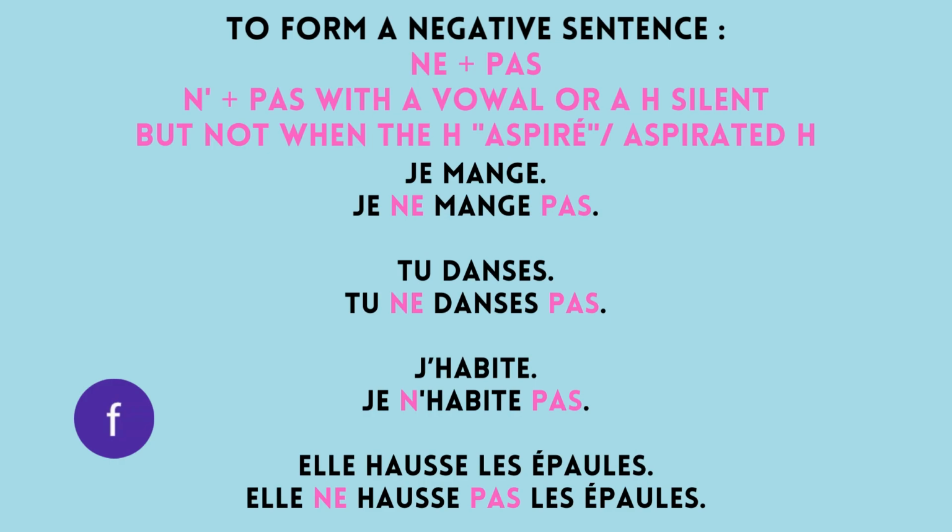Tu ne danses pas. Now, let's have a look at the sentence that follows. J'habite. J'habite, which means I live. As you can see here, the verb starts with an H, and in this case, this H is silent.